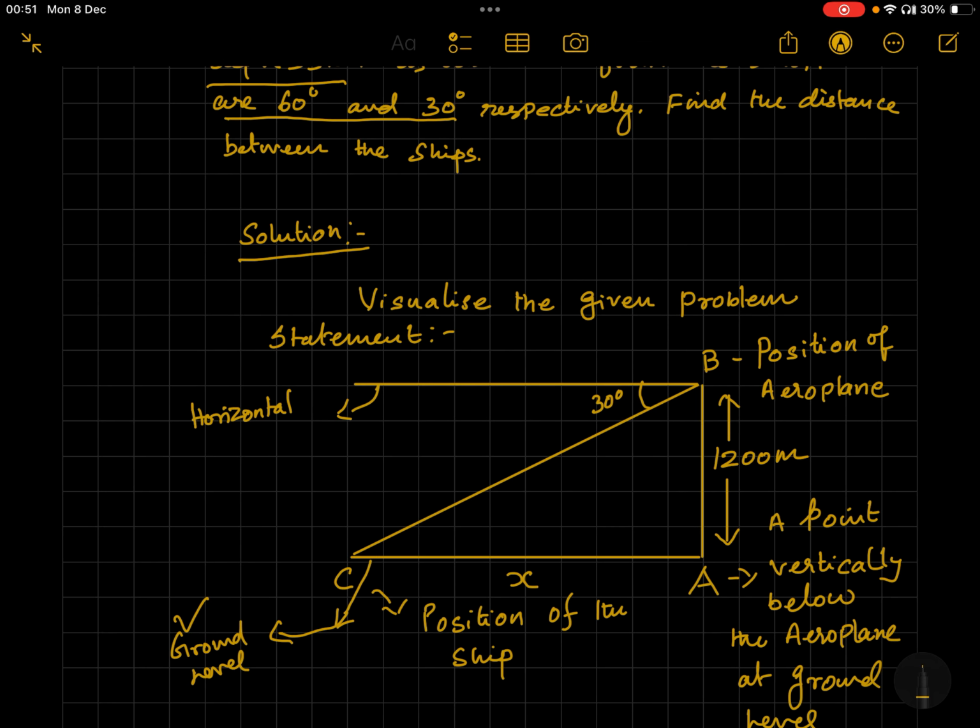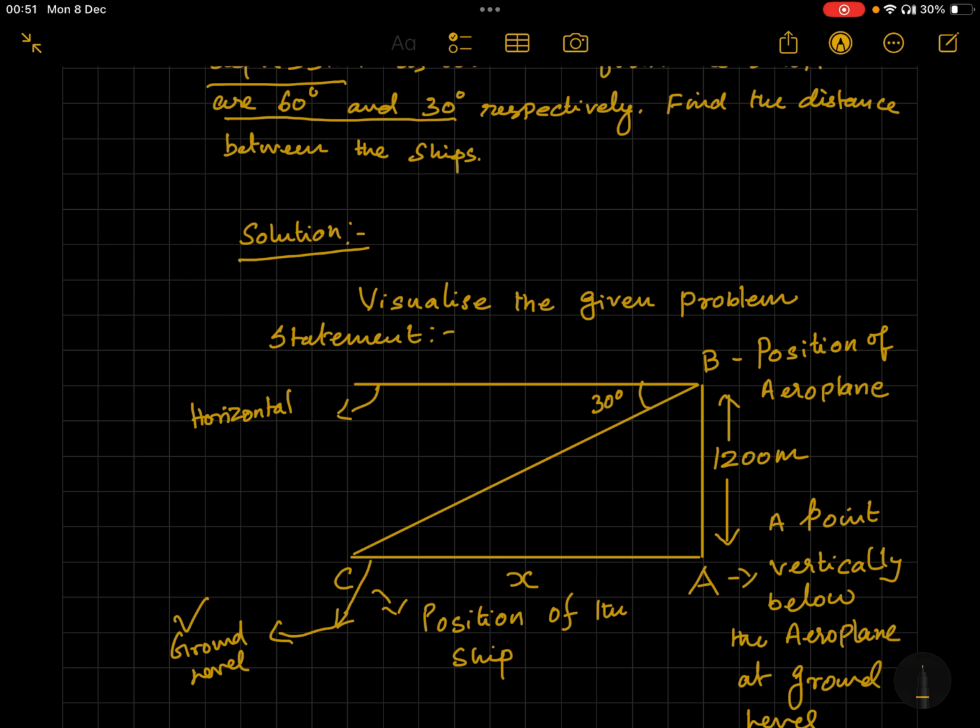Whenever an angle of depression problem is given, please draw two parallel lines. One is the ground level and one is the horizontal level, and the horizontal line is the reference for marking the angle of depression. We mark the angle of depression as 30 degrees, and we know the flight is flying at an altitude of 1200 meters.